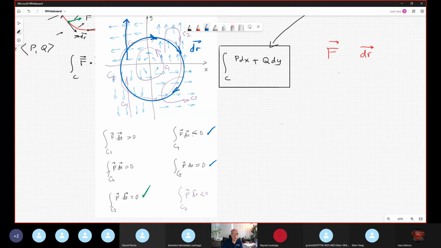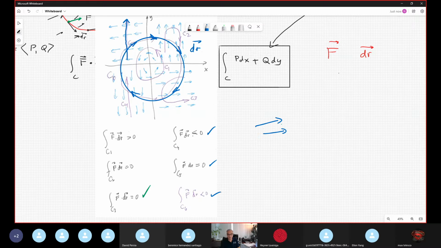In this case, it's opposite also. In this case, opposite. And in this case, opposite. It's negative. Do you see that? It's always opposite.